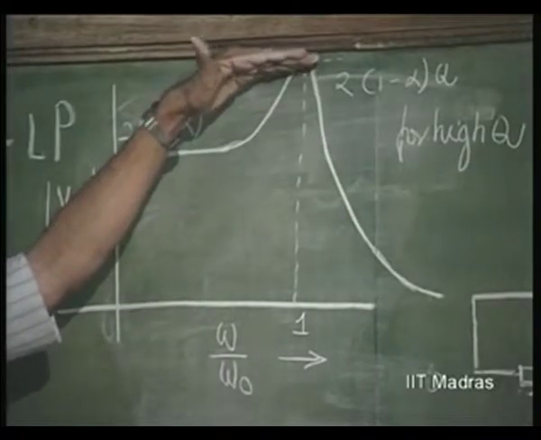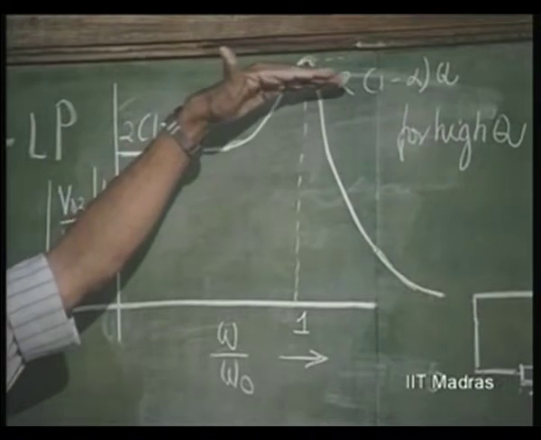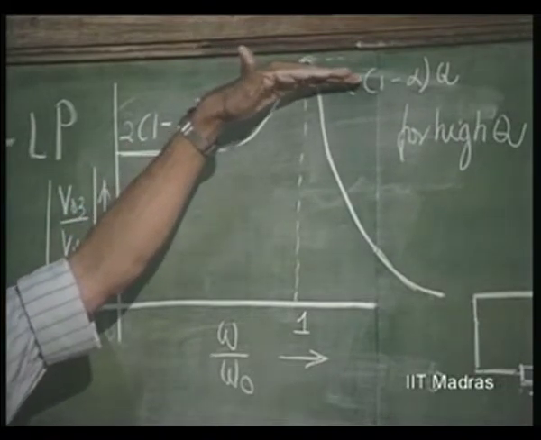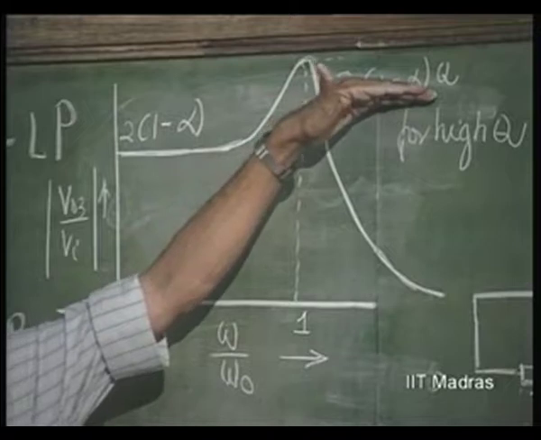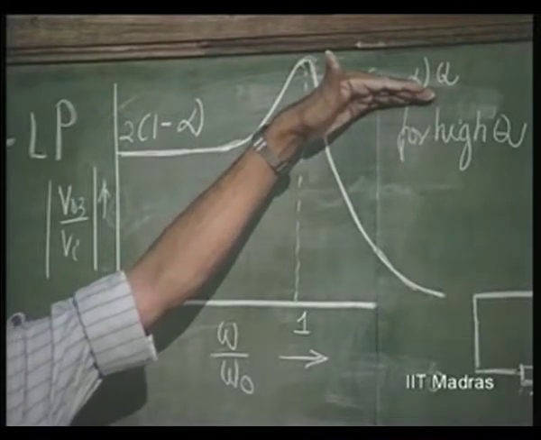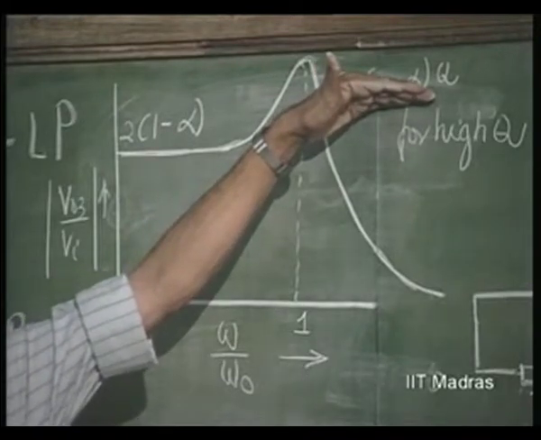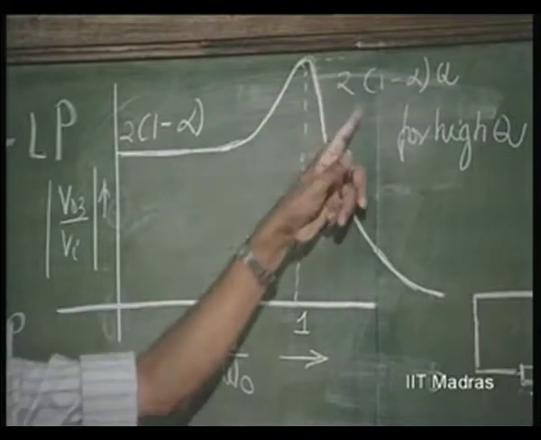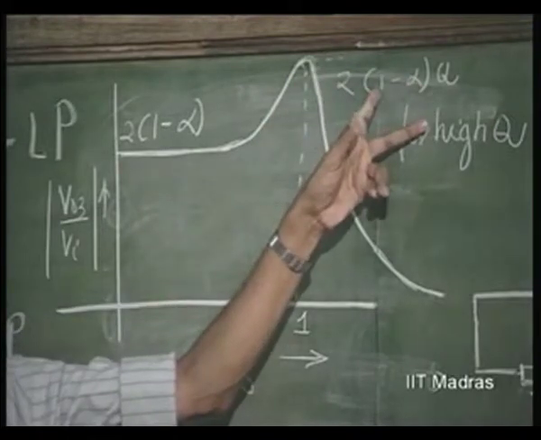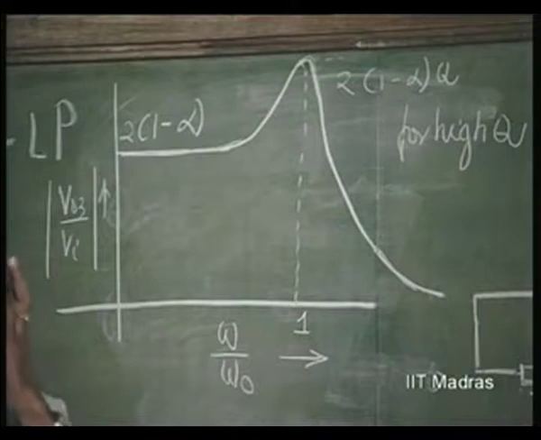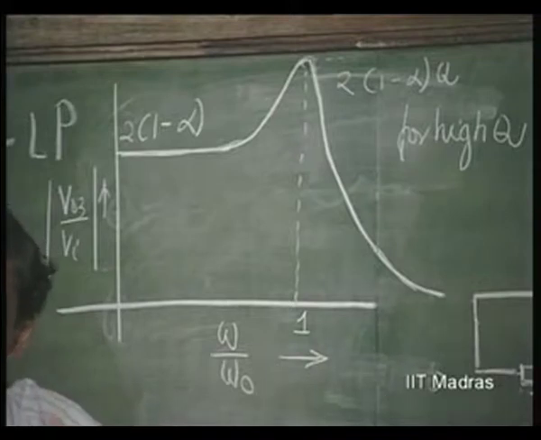This is not illustrated here because the maximum of this is not really equal to 2 into 1 minus alpha into q. That is, the maximum becomes equal to this only at very high q. This is the value of the transfer function at omega equal to omega naught, and omega equal to omega naught may not be the frequency at which maximum occurs for low q's.